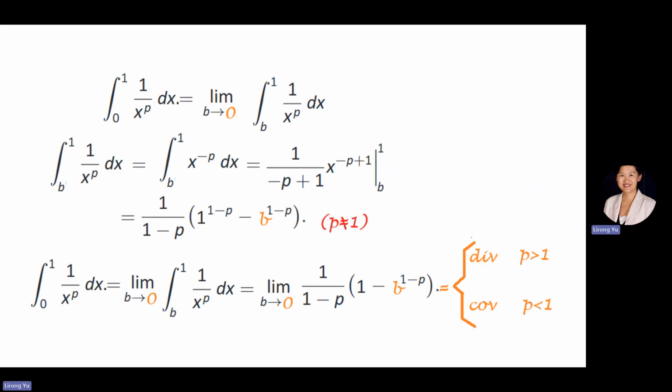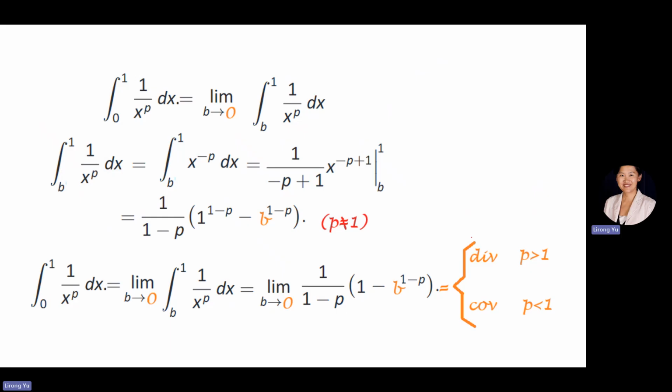Now, if b goes to 0, you need to answer this true question: is the power positive or negative? 1 minus p is the power. If it's positive, then as b approaches 0, 0 to a positive power is 0.